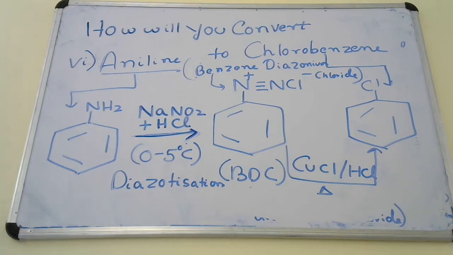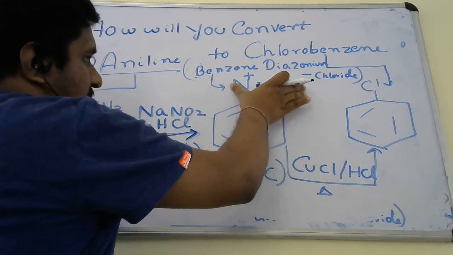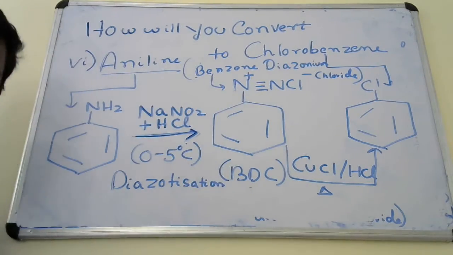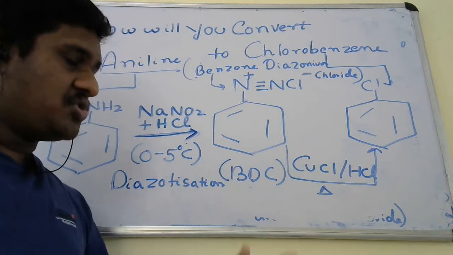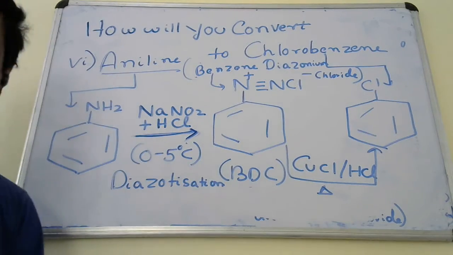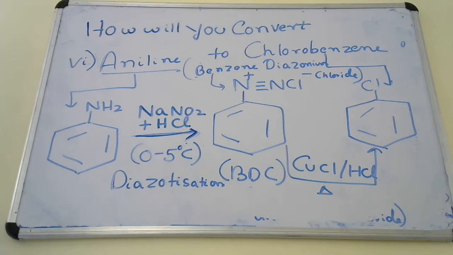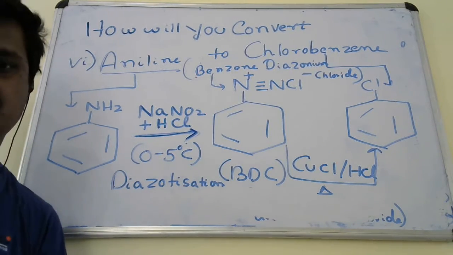The diazonium chloride group will be converted into a chlorine group. That is called Sandmeyer's reaction, and you will get chlorobenzene. So in two steps your reaction is complete. This is how aniline is converted into chlorobenzene.